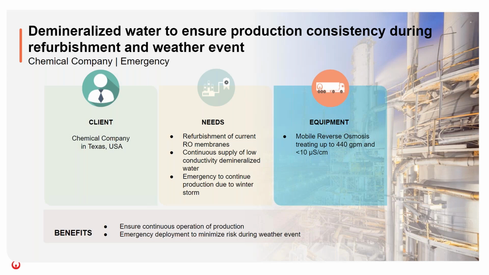This is one of the examples I referred to during the deep freeze in Texas and Louisiana. We deployed this mobile RO trailer within a few days of notice during those weather conditions to keep that plant operational.